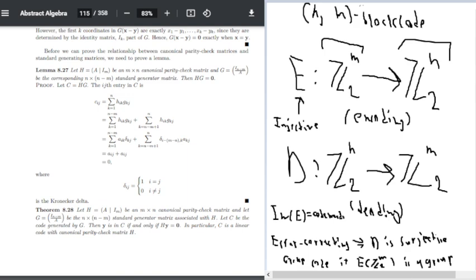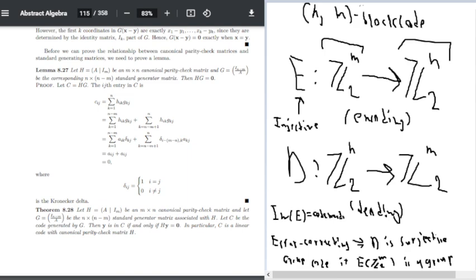Using the fact that we have the identity matrix there, this is the sum from k = 1 to n-m of a_ik delta_kj, plus the sum from k = n-m+1 to n of delta_(i,k-(n-m)) a_kj, which is a_ij + a_ij. Because we're working mod 2, this is equal to 0, where delta_ij is the Kronecker delta.